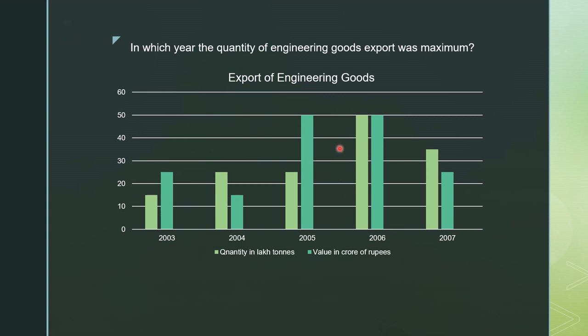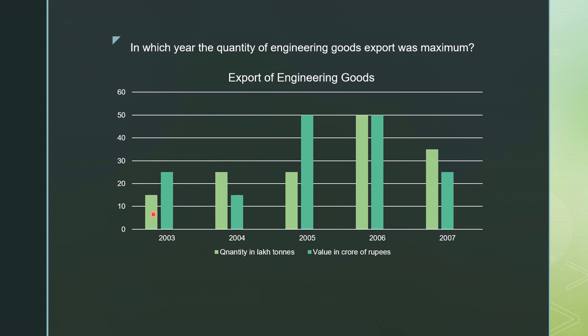And this is the bar chart of the export of engineering goods. The years 2003, 2004, 2005, 2006 and 2007 are plotted on the x-axis, and the export of engineering goods is plotted on the y-axis.